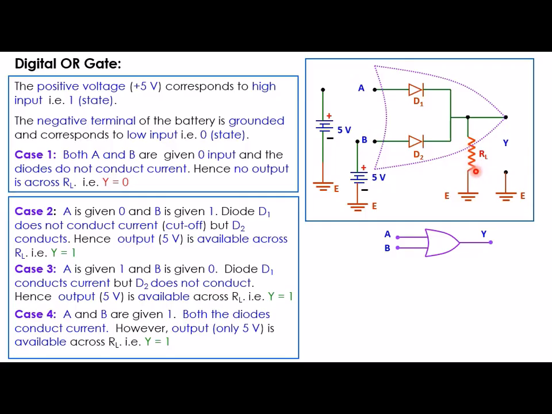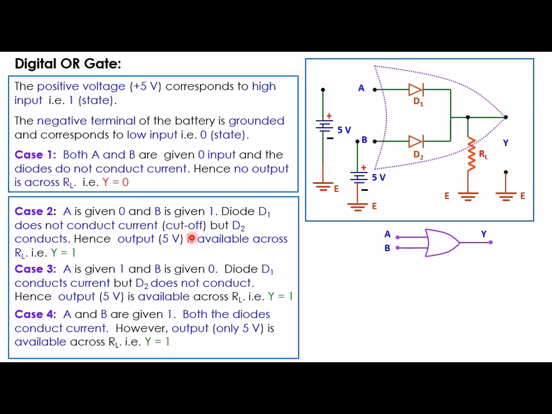Therefore there will be a potential drop across RL which will be equal to plus 5 volt, and you are getting an output Y equals 1 for this condition also. So please mark that here 0 volt is logical 0 and 5 volt is logical 1.